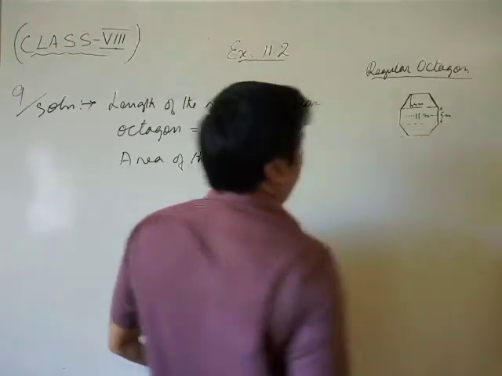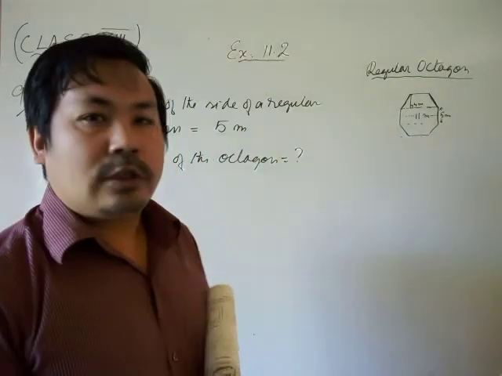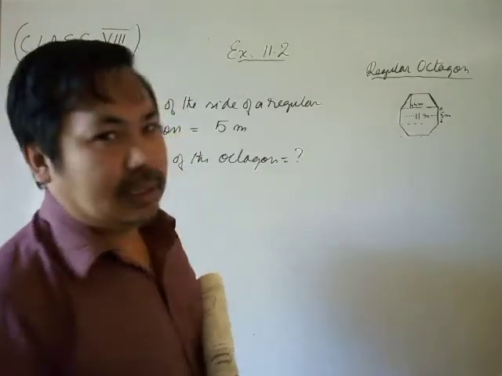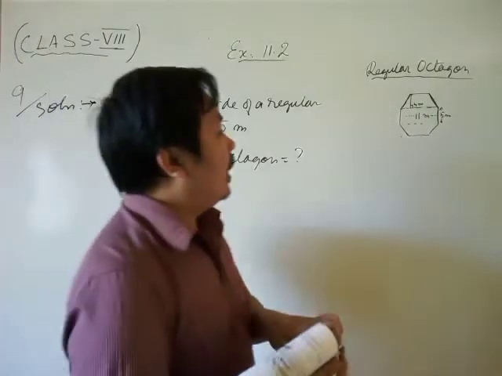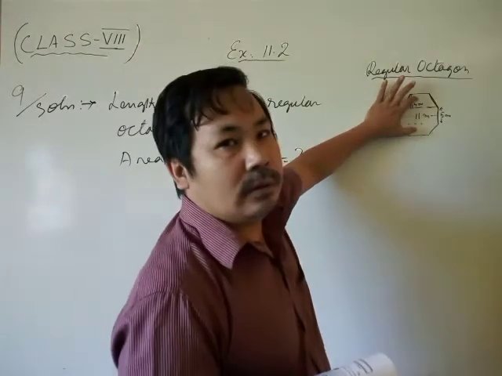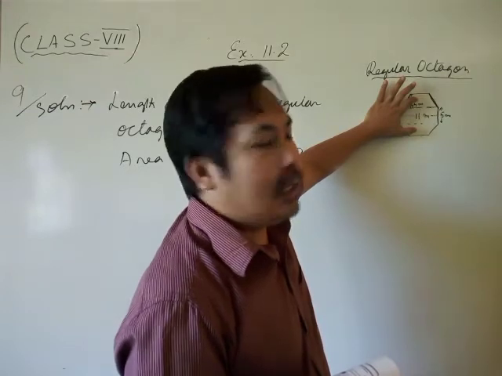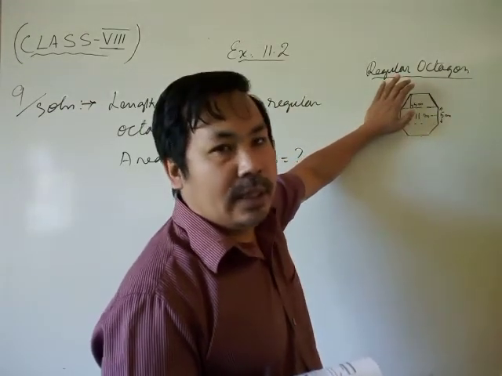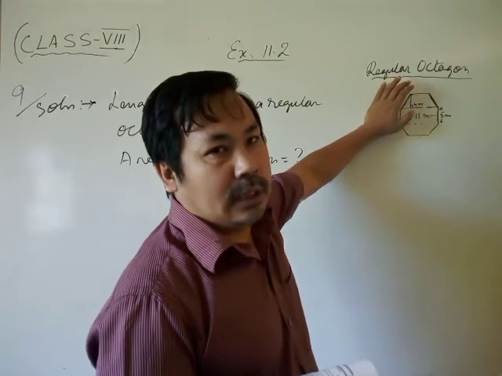Then one rectangle. So two equal trapezium and one rectangle you will find in the whole octagon, isn't it? So if you find out the area of one trapezium, then area of two trapezium you will get, and together with the area of one rectangle will be the area of the whole octagon, isn't it?